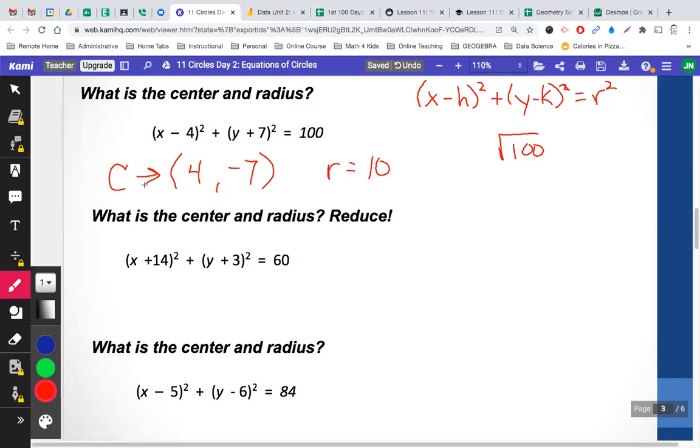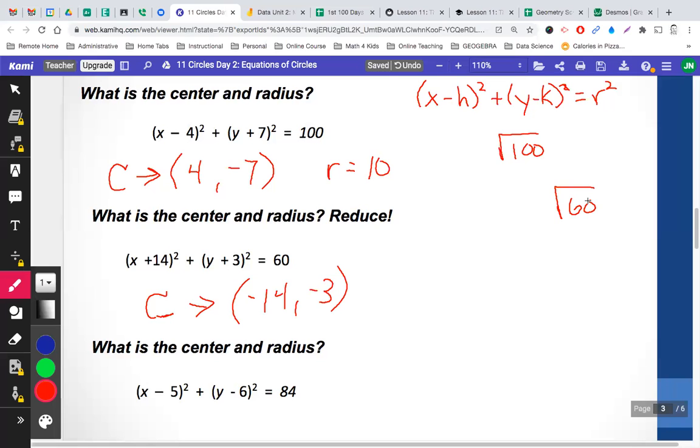Second one, I think the center is the easy part. It's going to be at -14, -3. Our radius is a little bit harder. Now we're taking the square root of 60. That's not a perfect square, so I need to figure out what's the biggest perfect square that goes into 60.